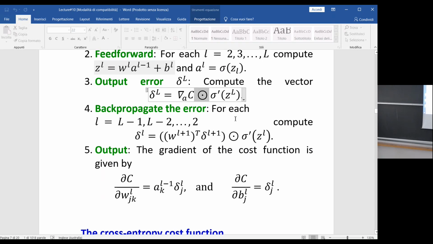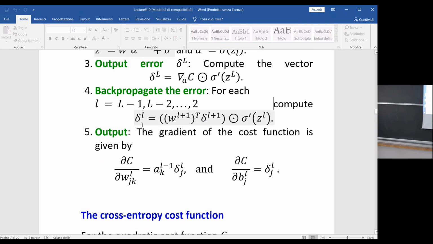This training means that we should correct our weight coefficients and bias coefficients to minimize as far as possible our cost function.